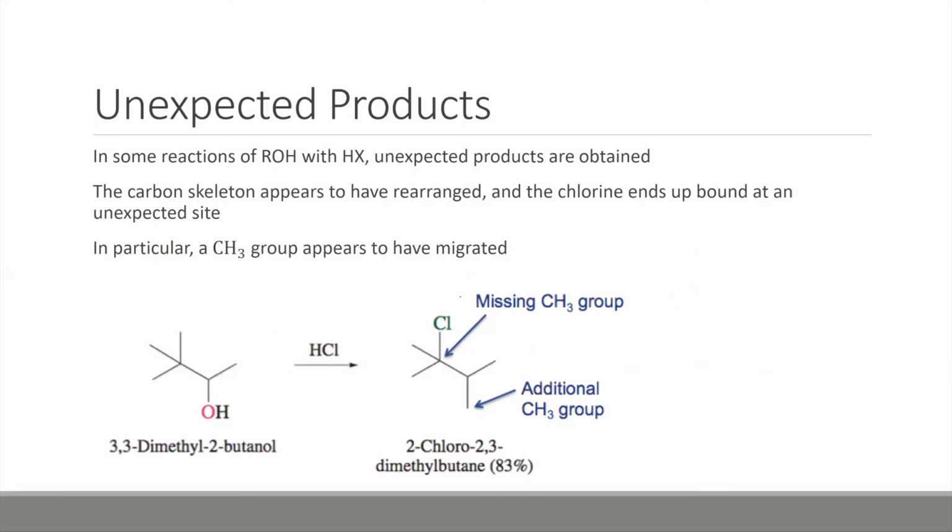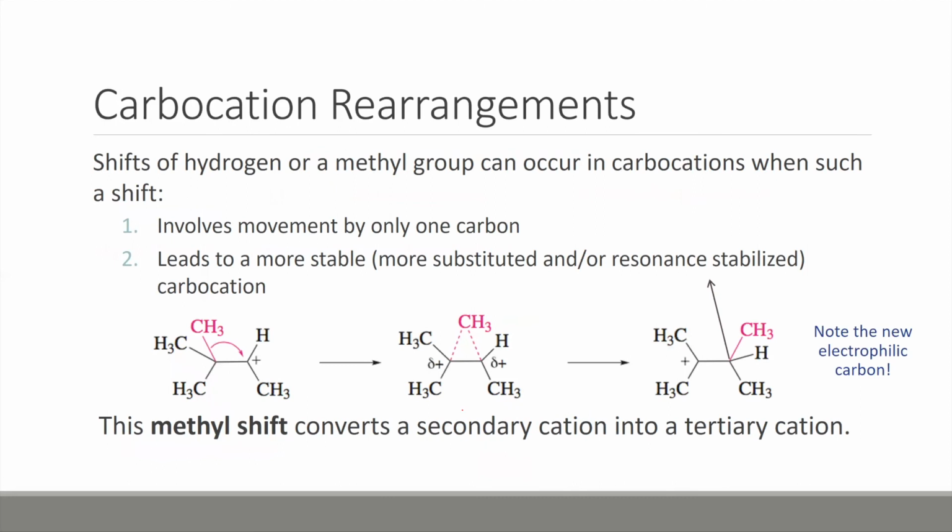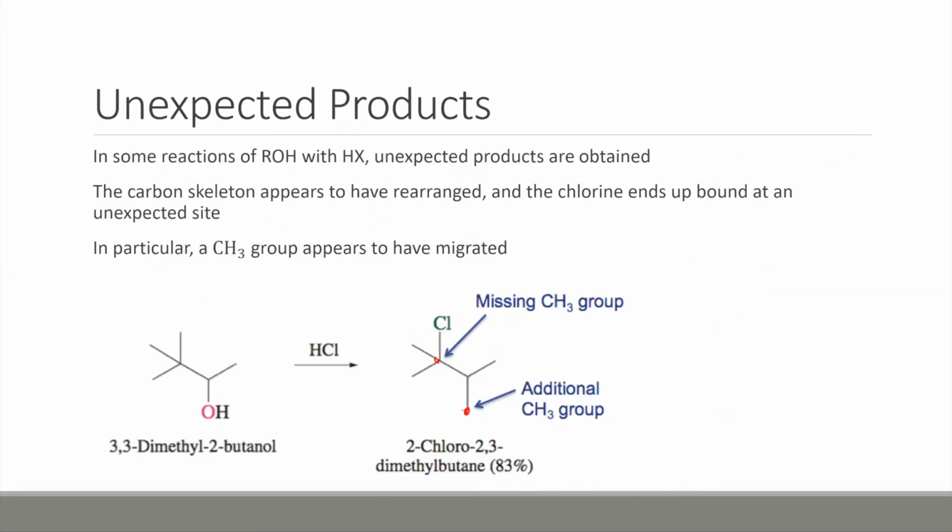So again, in particular, it looks like a methyl group has migrated. That is indeed what has happened. We're missing a CH3 group on this side, and now there's a CH3 group on this side. This is occurring due to some needed stability of the carbocation during this reaction.